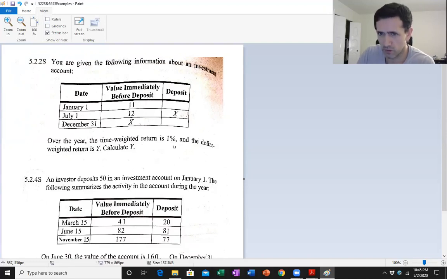and the dollar-weighted return. And in particular, for the time-weighted return for this problem and 524, you just use the formula that the growth factor for a period is the amount at the end of the period before deposit or withdrawal divided by the amount at the beginning of the period after a deposit or withdrawal. Right?